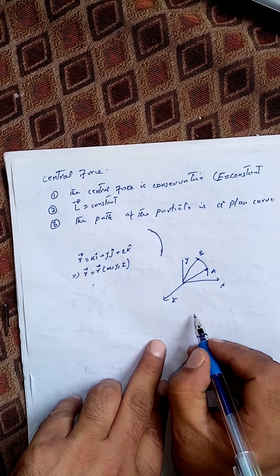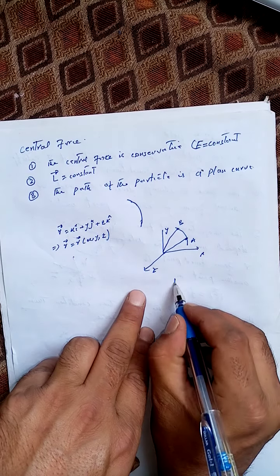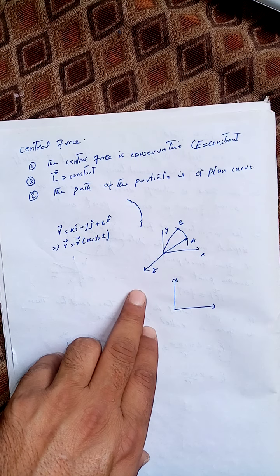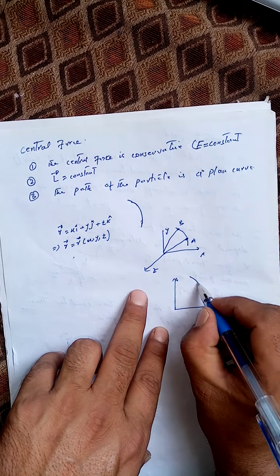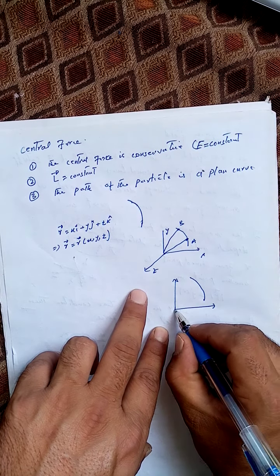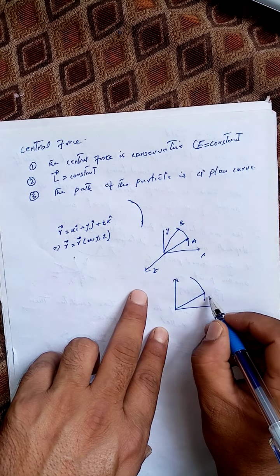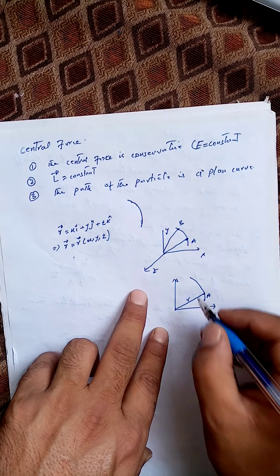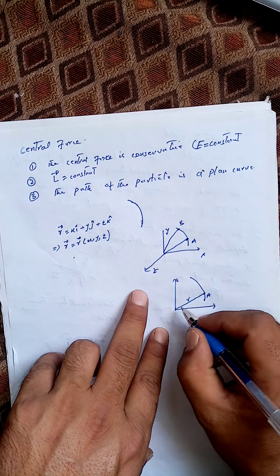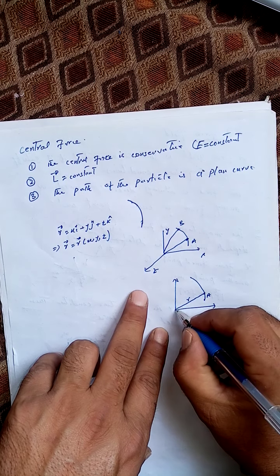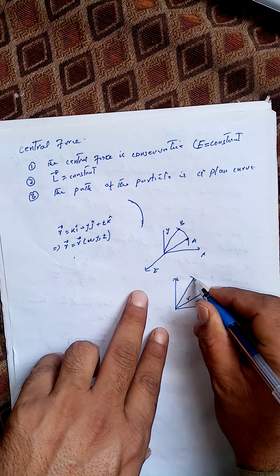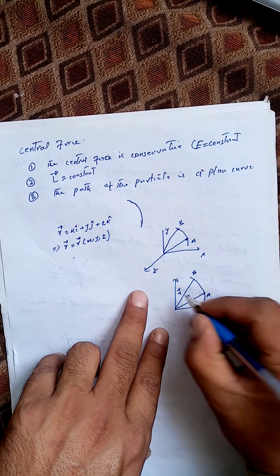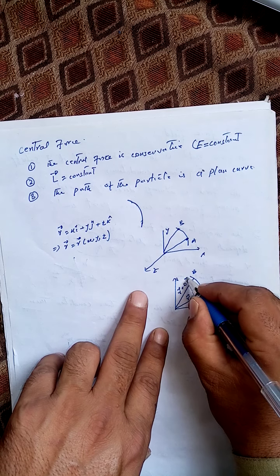if suppose we have a particle which is moving in a two-dimensional plane, okay, in a plane curve, at time t the particle is at point A and its position vector is r. After time t plus delta t, after a small interval of time, the particle will move to another point, let's say point B, and its position vector will be r plus delta r.